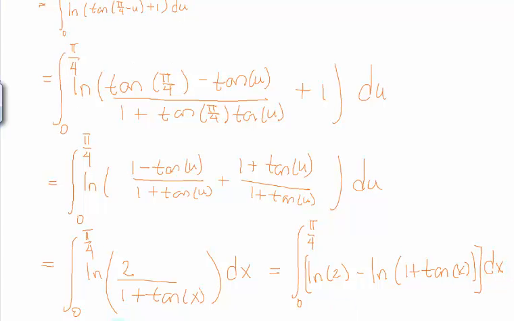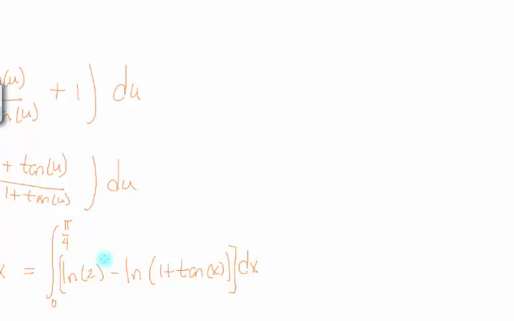Now, by properties of integration, the subtraction is of the integrals, so we can split it into 2. So we have the integral from 0 to pi over 4 of log of 2 dx, minus the integral from 0 to pi over 4 of log of 1 plus tangent of x dx.